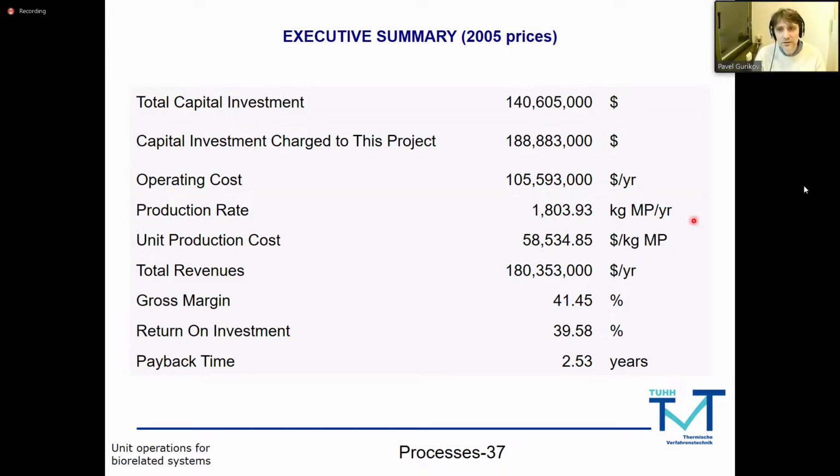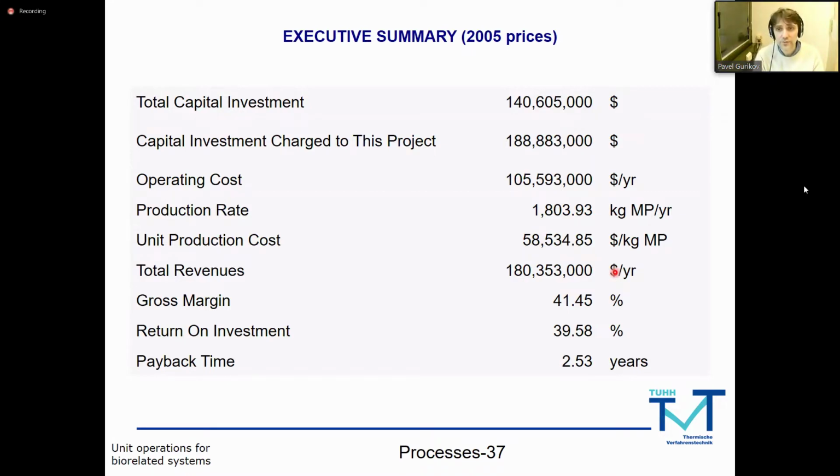So we will just multiply 1803 by the 58,000 unit production cost? Not really. Total revenues tell us how much money we get when we sell all the product we produced in 1 year.